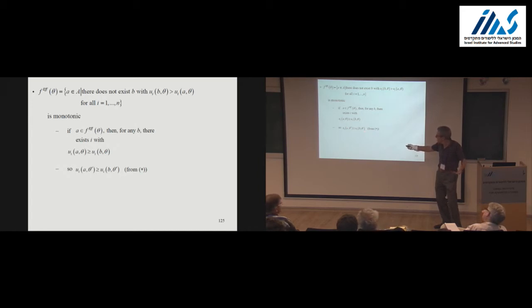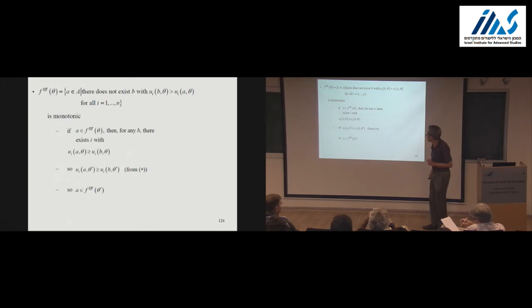But that means that B does not Pareto dominate A in state theta prime, which means that A is still Pareto optimal in theta prime. So the set of Pareto optima is monotonic.